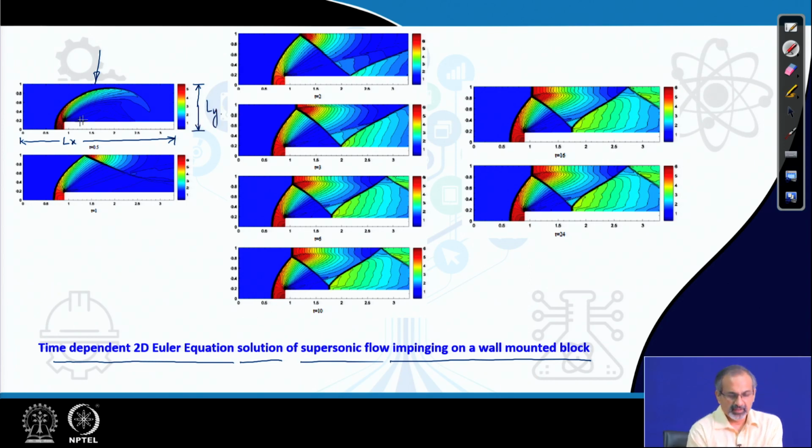And there is a portion covered by an obstacle. Let us try to mark where the obstacle is. So, this is the obstacle which is mounted on the bottom wall of the section. So, there is a wall on top, there is a wall at the bottom, and this is basically the inflow portion.